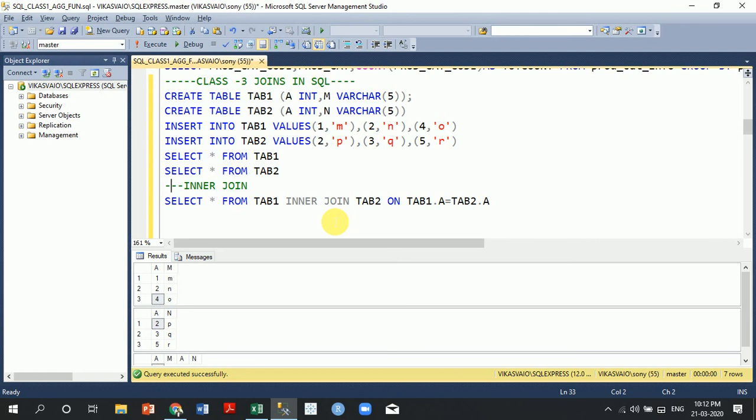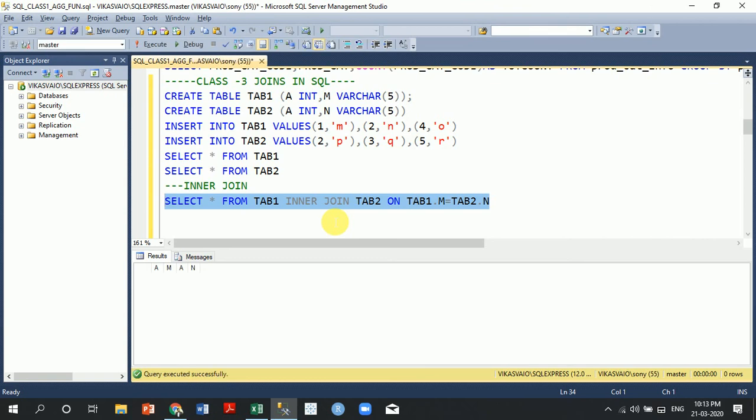For example, instead of A, if I write both column names, like M from table 1 and N from table 2, what will happen? The result will be null. You will not get anything because no record is found common on the basis of the given condition, so you get an empty table.